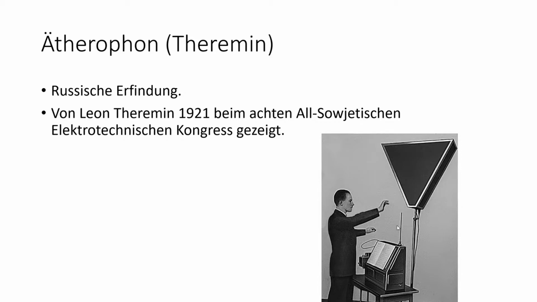If you get closer to that antenna, the note gets higher. If you go further away from it, it gets lower. And there's a second antenna, which is more roundish. If you get closer to it, the sound gets quieter. When you go farther away from it, it gets louder. So you need these two components to create the sound.